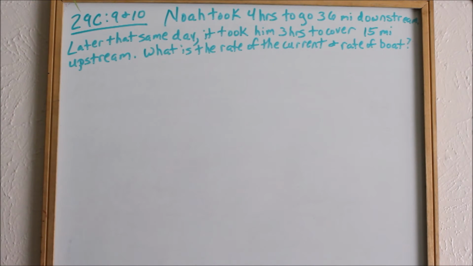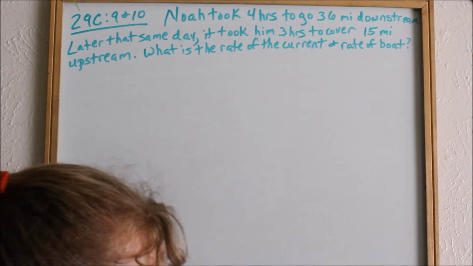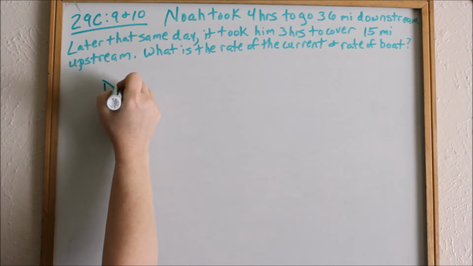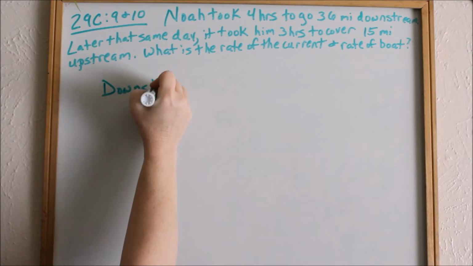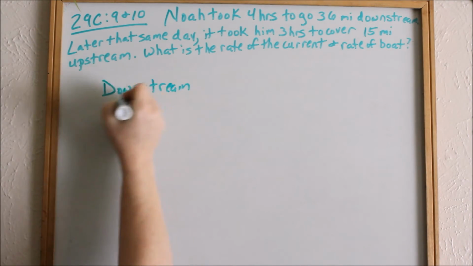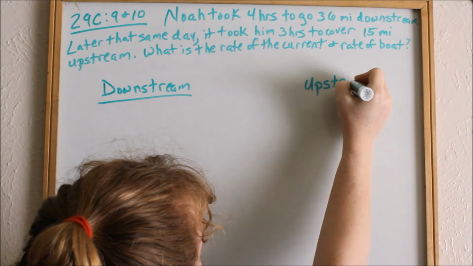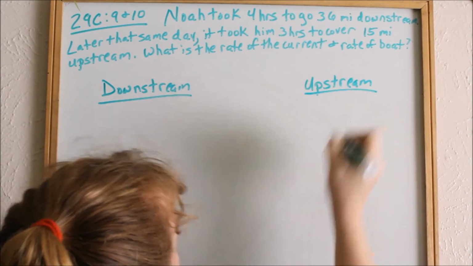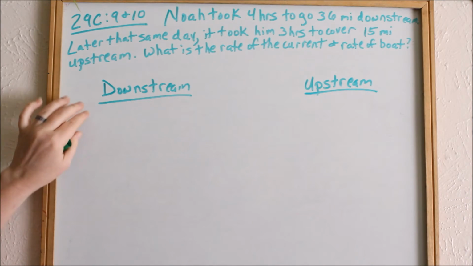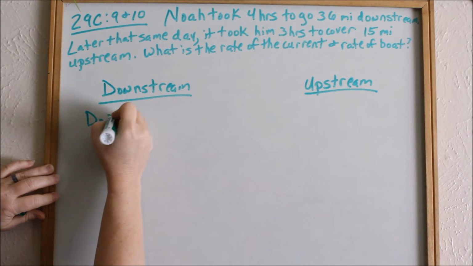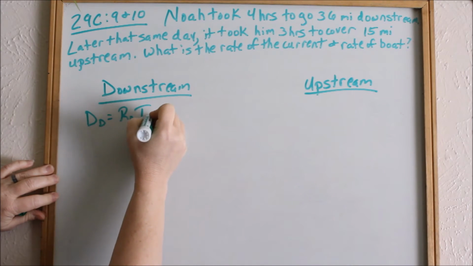Okay, so we're dealing with water in a boat. Anytime with these problems, you're going to have downstream information and you're going to have upstream information that you need to keep up with. Okay, downstream, I have distance equals rate times time.